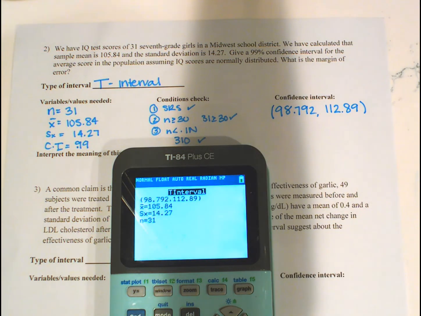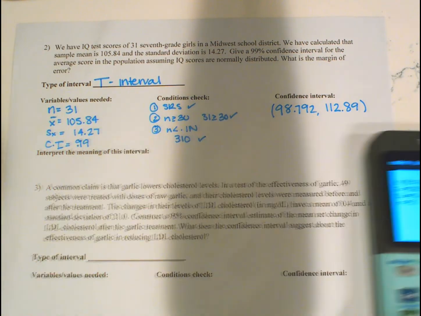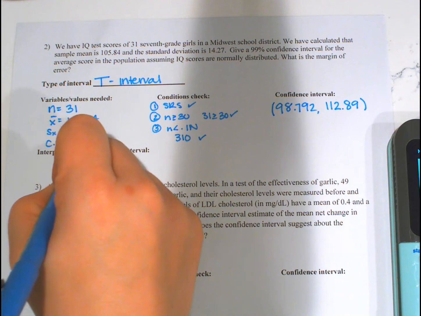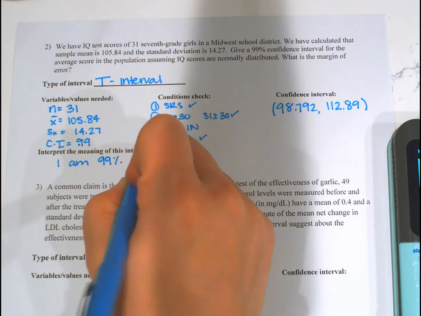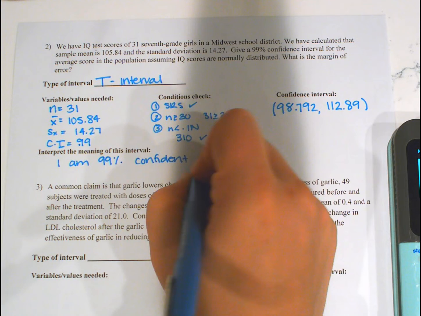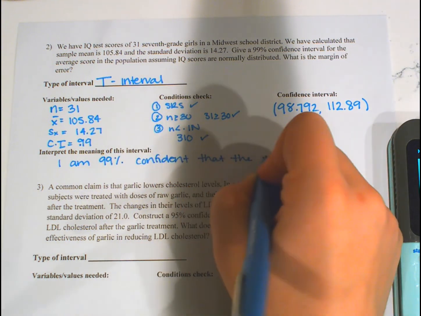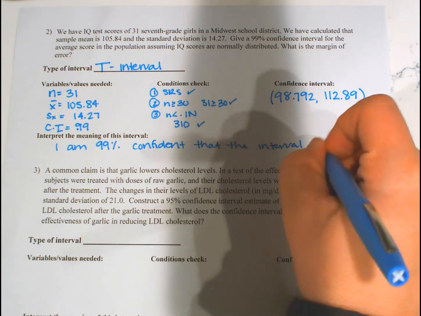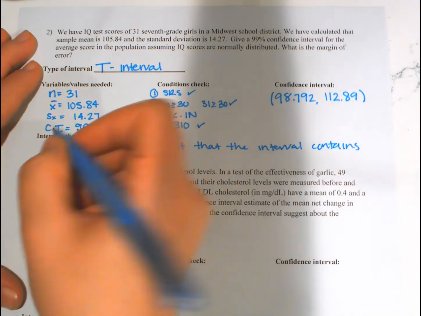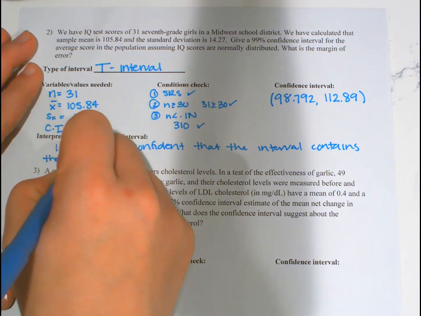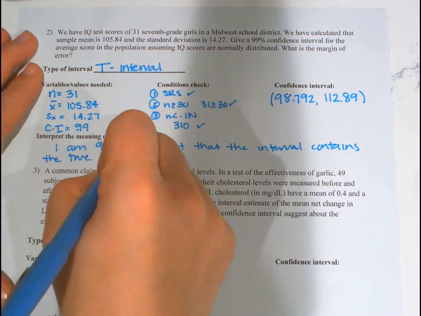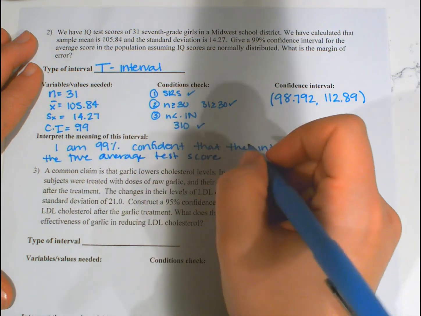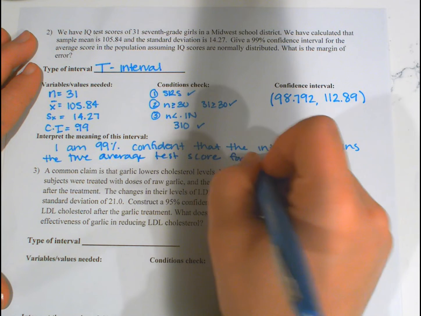Okay, so when I interpret the meaning of this result, I can say I am 99% confident that the interval contains the true mean or the true average test score for 7th grade girls.